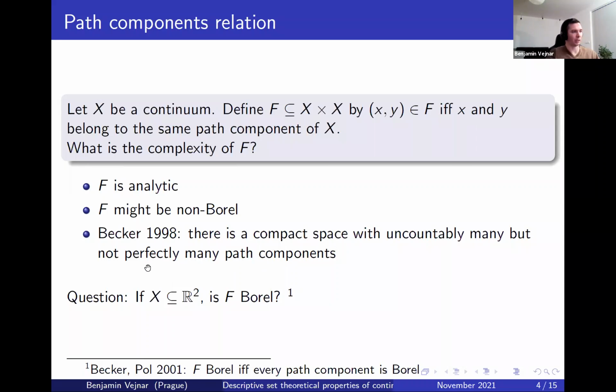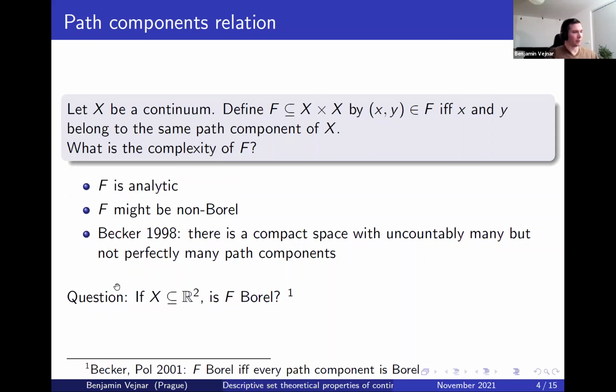Well, here perfectly many just means that there is some Cantor set in the space such that each point from the Cantor set belongs to a different path component. So this result actually witnesses the difficulty of this equivalence relation F.